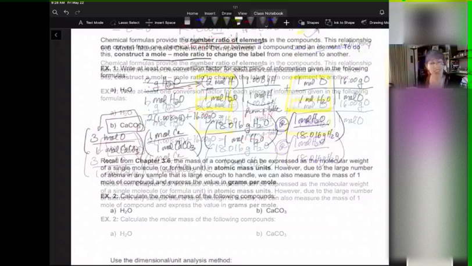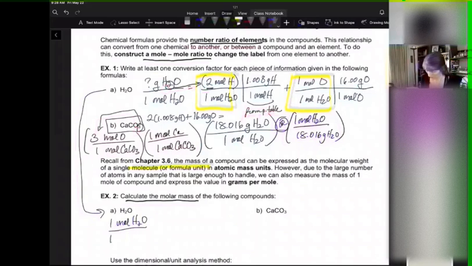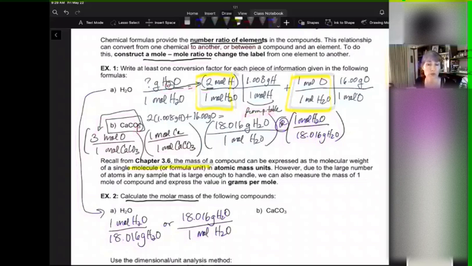Okay, so down below this is where I was referring back to chapter 3.6. We were using the atomic mass, now we're adding them together like I showed for water to calculate the molar mass. So water I have shown above. 1 mole of water weighs 18 grams, or 18 grams of water must be 1 mole. So that's 6.022 times 10 to the 23rd water molecules.